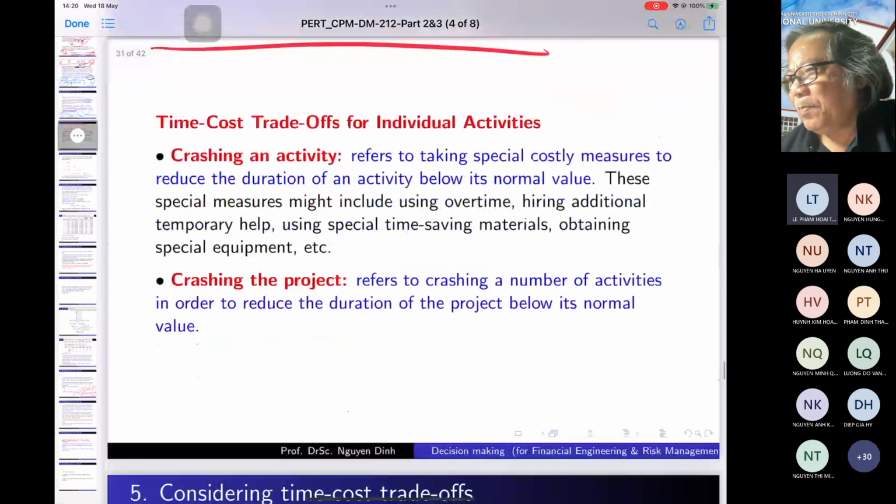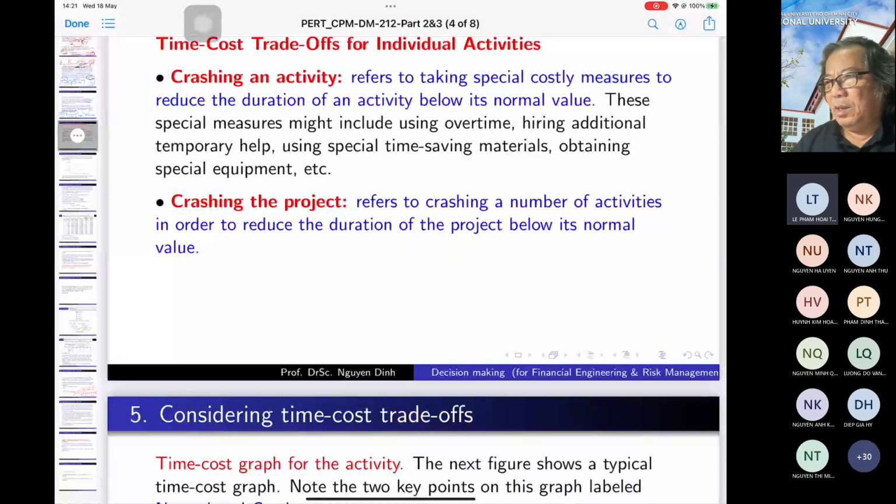The time cost trade-off for individual activity. First of all, we divide the question of reducing the project into 2 things: crashing one activity and crashing the whole project.